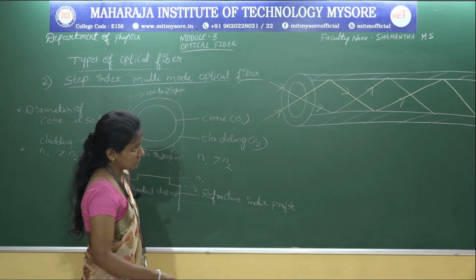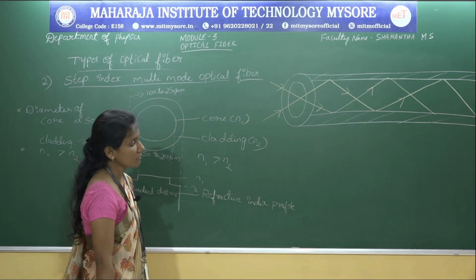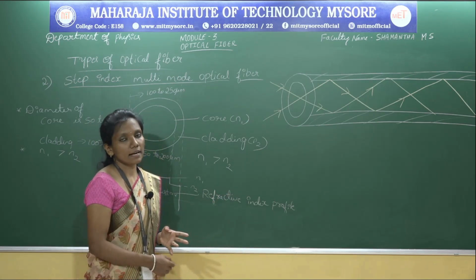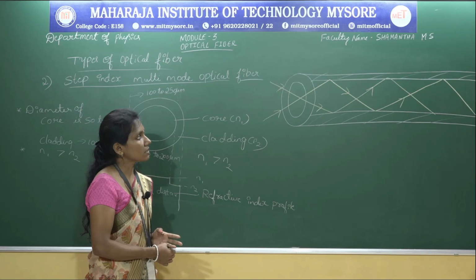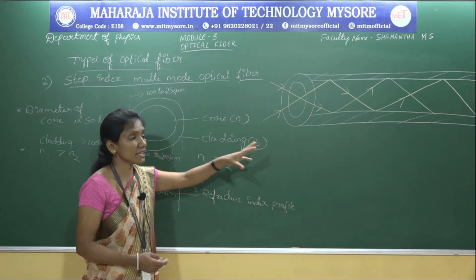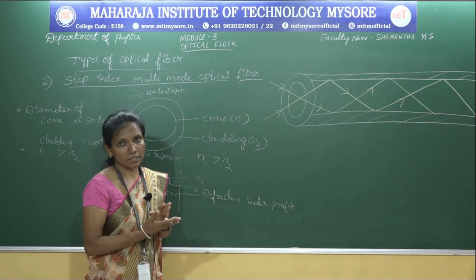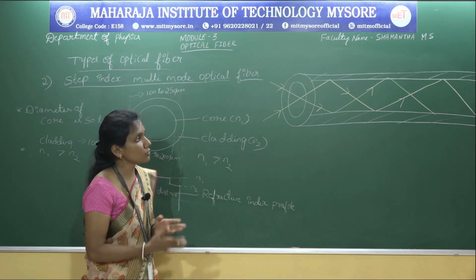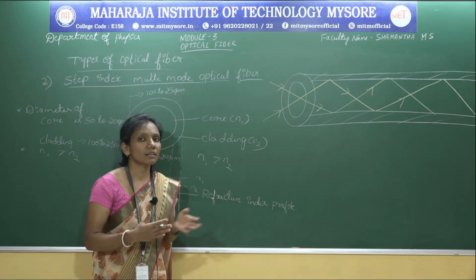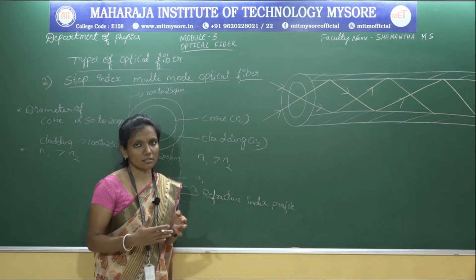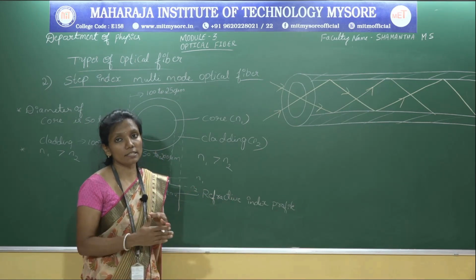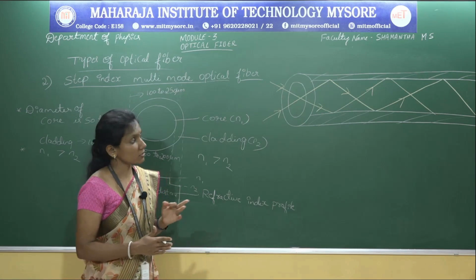And then the merits: this is also less expensive, but compared to the single mode optical fiber, it has a lower bandwidth. Due to that lower bandwidth, this optical fiber is used for telecommunication over a shorter distance.